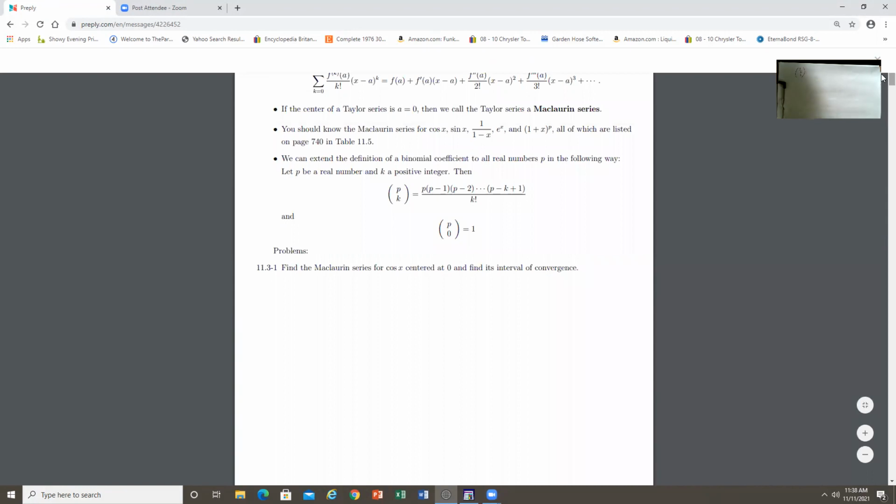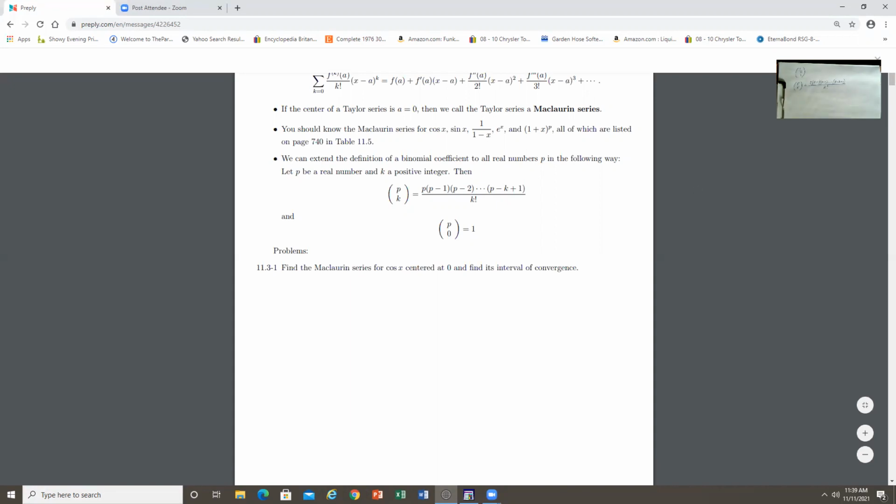We got to go back up here and look at this. So we're going to have to apply in general P in combination with K, which according to this formula is P times P minus 1 times P minus 2 times ... times P minus K plus 1, all over K factorial.